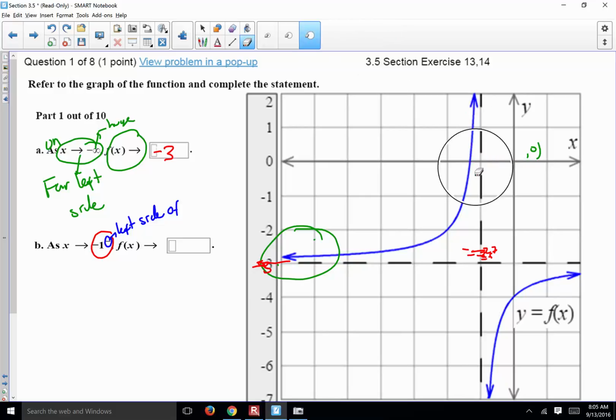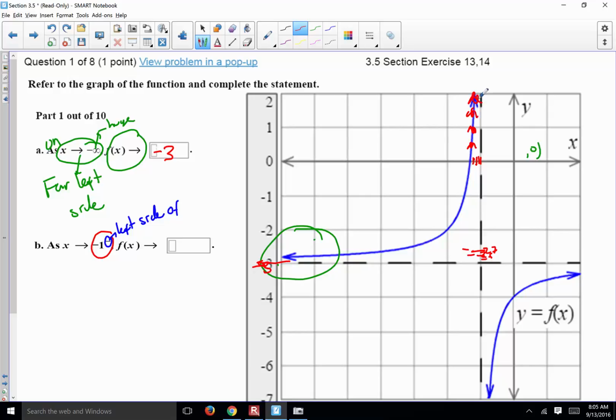Okay, let me repeat. This means approach -1 from the left side. So you start a little bit off and I hit this value. I get closer and even closer and even closer. Where are these values marching towards?